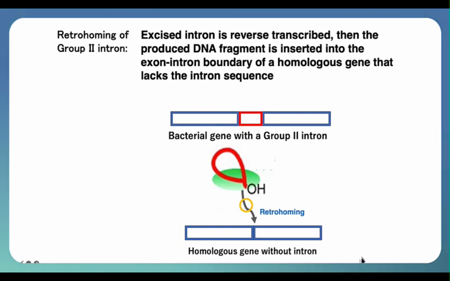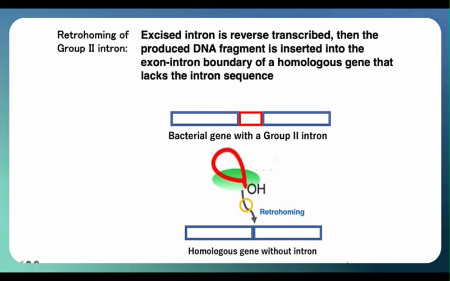The site where the intron is newly inserted is the same as where the original intron was located, hence it's called homing. Additionally, because this reaction involves reverse transcriptase, the prefix retro is added, and the process is termed retrohoming.